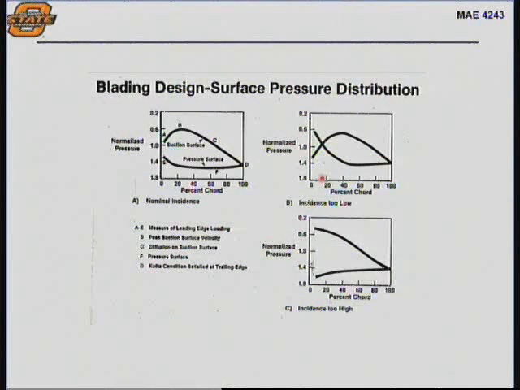If the incidence is too low, say you have a negative angle of attack, you'll get pressure distributions that look like this. If you have incidence too high, where you're close to stall, you'll have pressure distributions that look similar to this. This is what a normal incidence, within a range where flow is attached, would look like. So you have things like the leading edge loading.